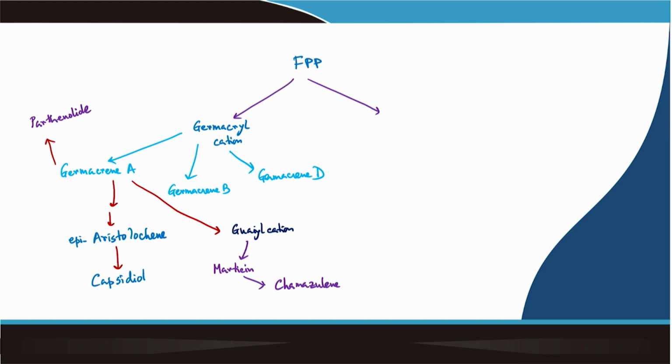Now, matricine and chamazulene basically are the components of Matricaria chamomilla.